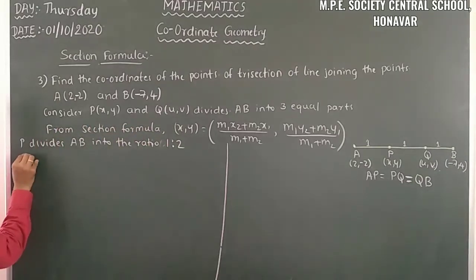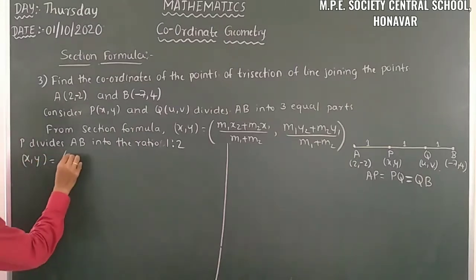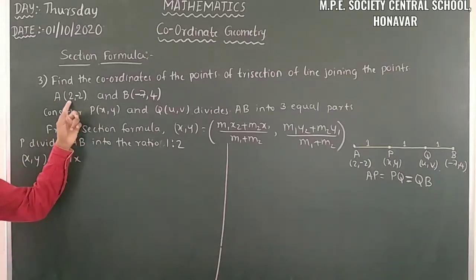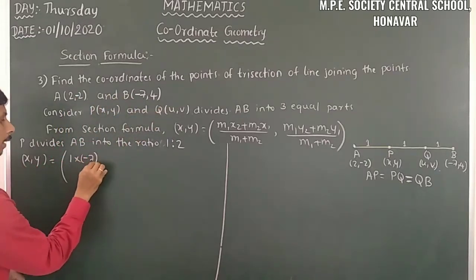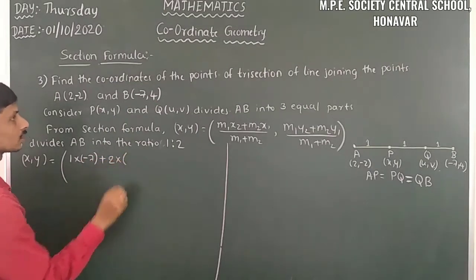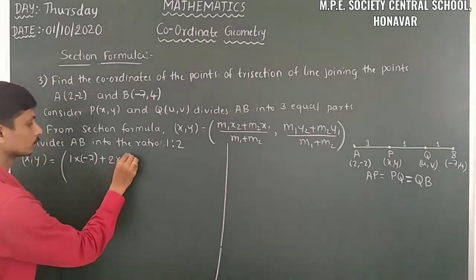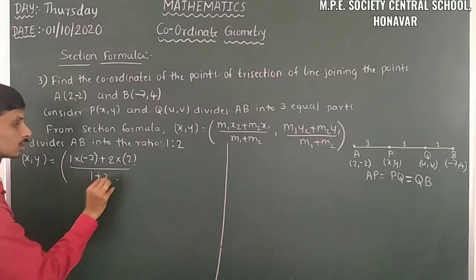So (x, y) is equal to, what is m1? 1 into x2, where x1 y1, x2 y2, so x2 is -7, plus m2, which is 2, into x1, and x1 here is 2, divided by m1 plus m2, that is 1 plus 2.